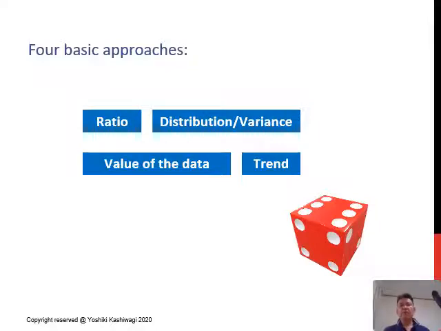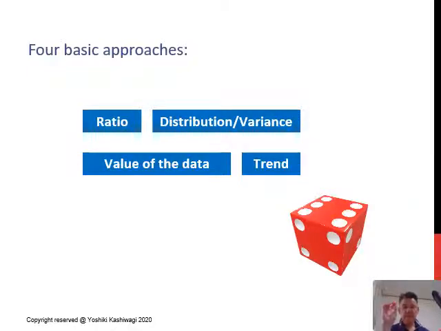Among the 4 approaches, I'm sure you already knew about the ratio and the trend, so we will touch upon the ratio and the trend briefly in the coming weeks, but this week we're going to focus on the value of data. And here's a dice.